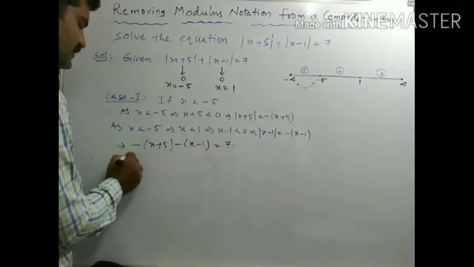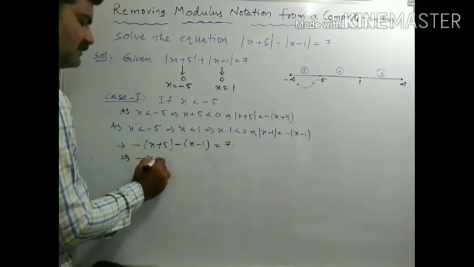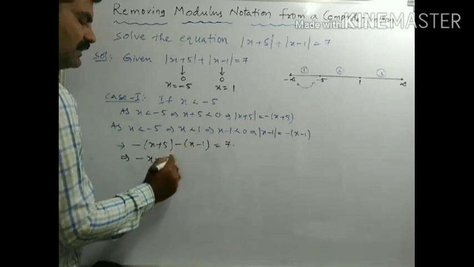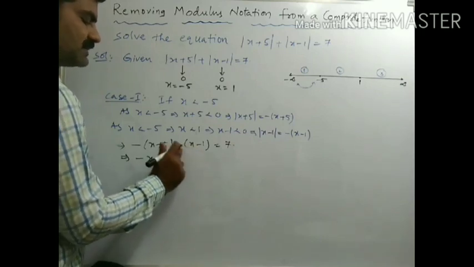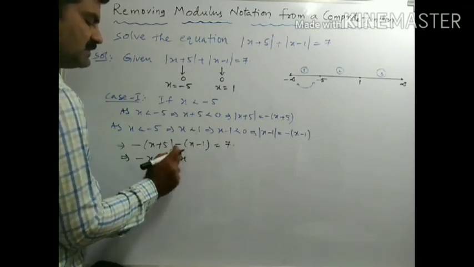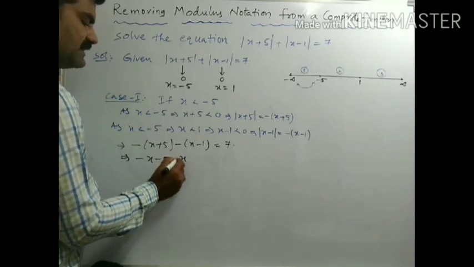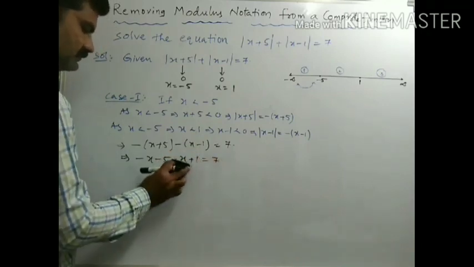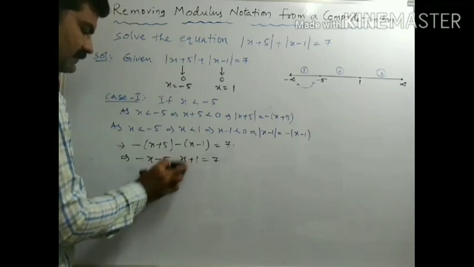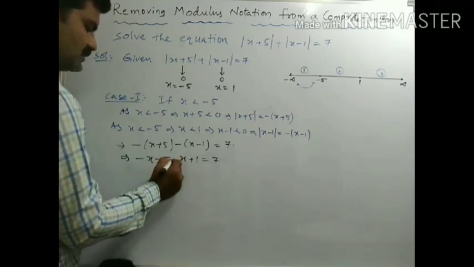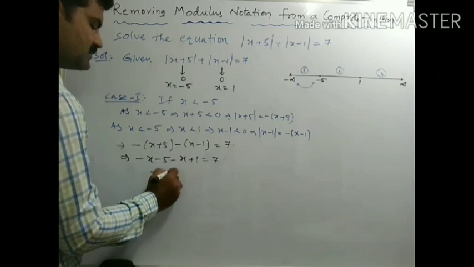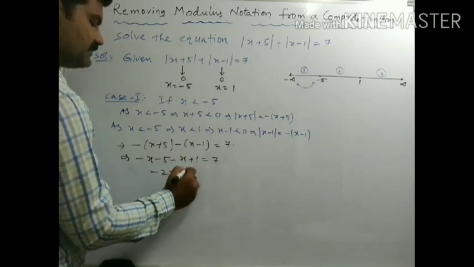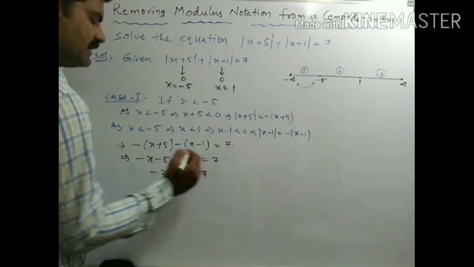So from this we need to solve for x. So this is minus x minus 5, and before the bracket there is a minus, so the signs are going to be changed. Hence this is minus x and plus 1, which is equal to 7. Right? So from this, minus 2x minus 4 is equal to 7.